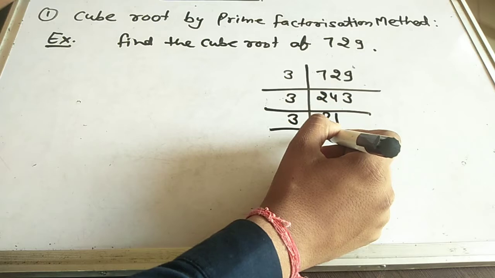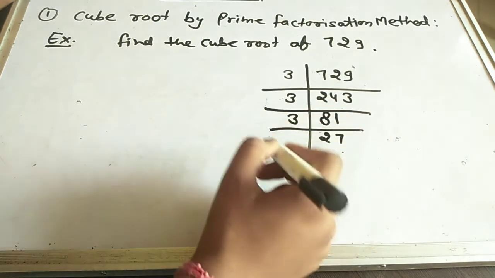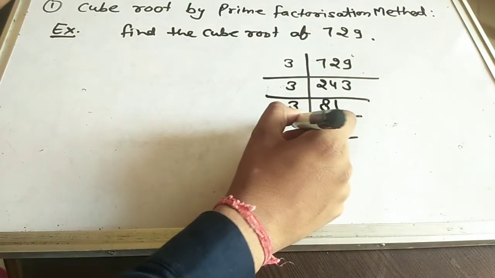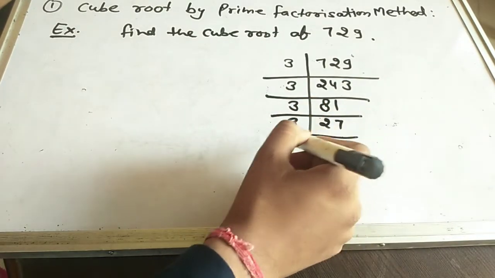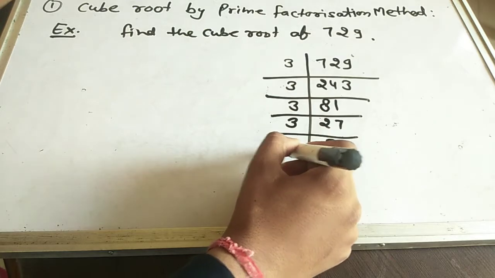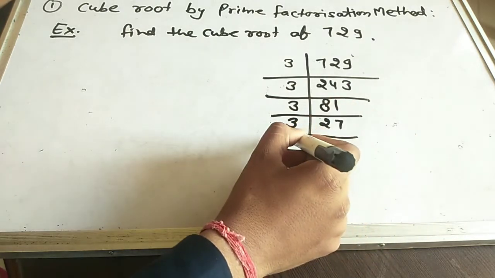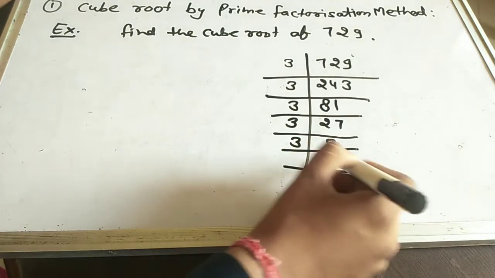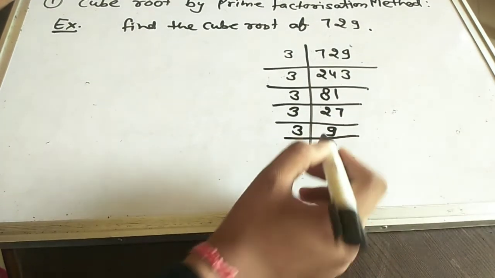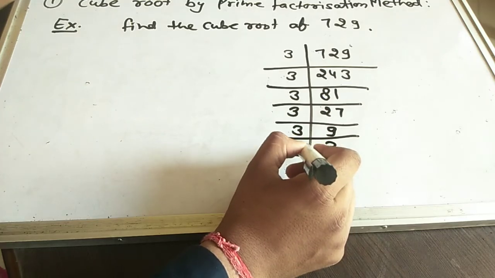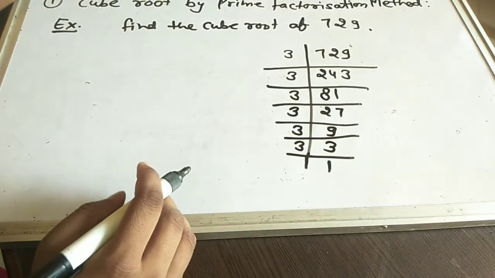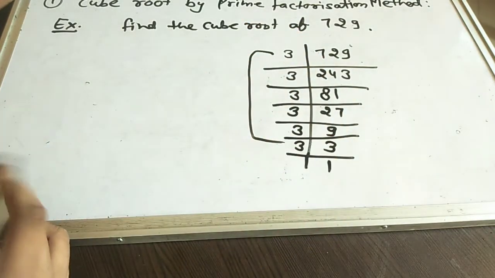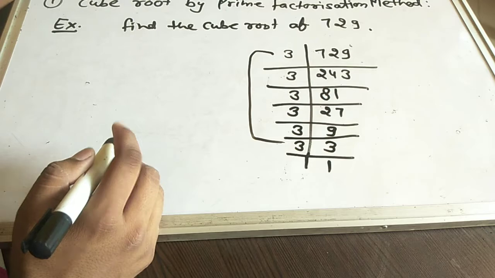So, we get 27. 27 is also divisible by 3. So, we get 9. 3 9s are 27. And 9 is divisible by 3. So, we get 3. 3 3s are 9. And 3 is also divisible by 3. So, 3 1s are 3. Okay. We get these prime factors.